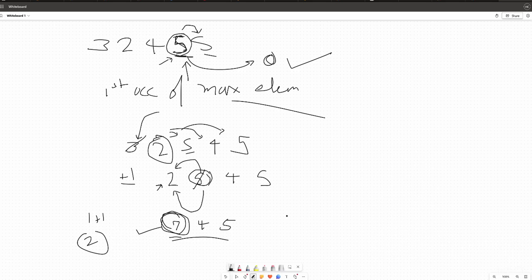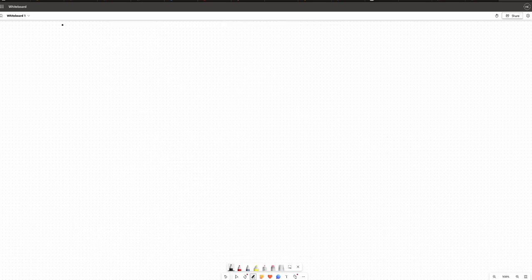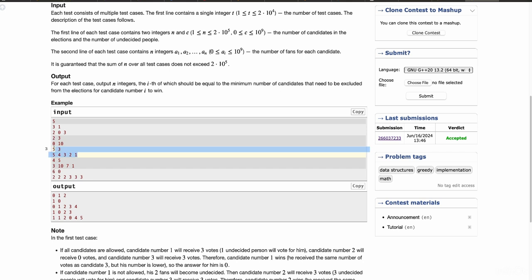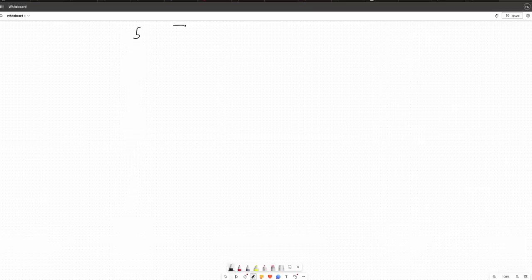So what does our net approach become? We'll first calculate the prefix sum. Let's take some test case, for example 5 3 5 4 3 2. In the regular case, this candidate will have 8 votes, the next candidate will have 4 votes, the next candidate will have 3 votes, then 2, right?